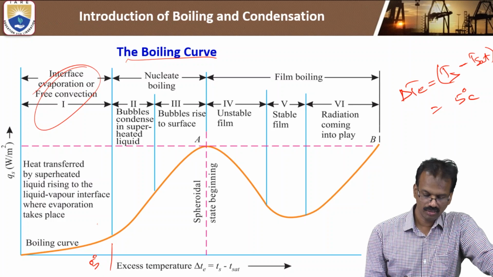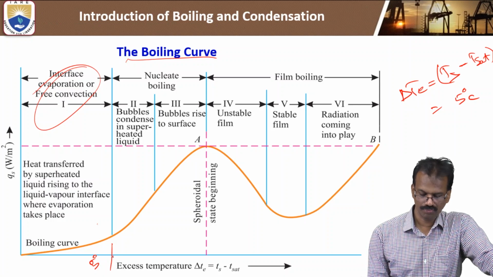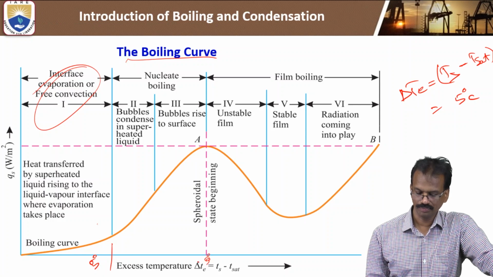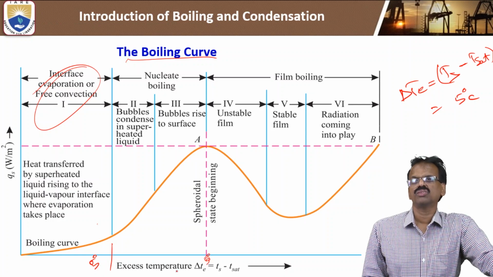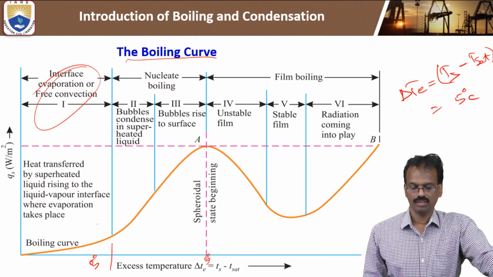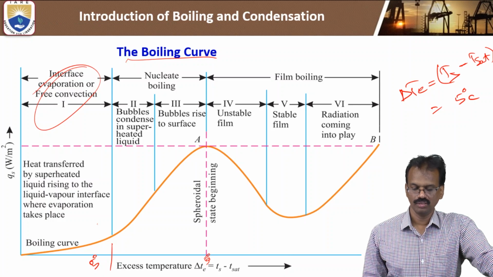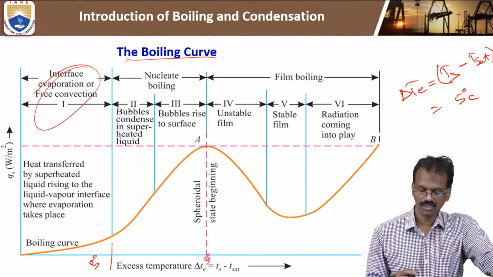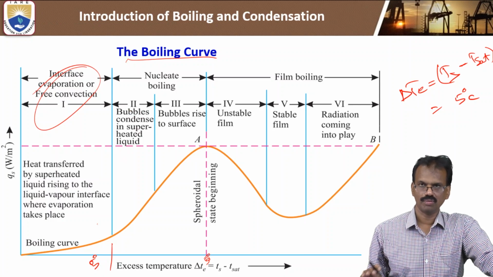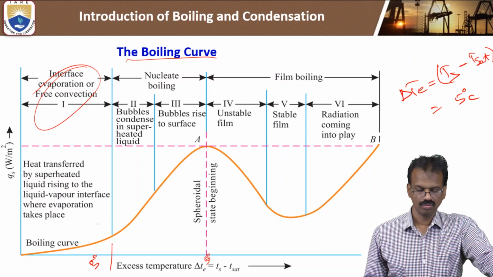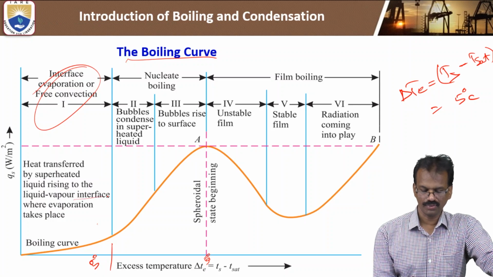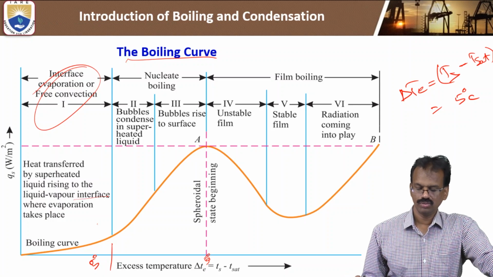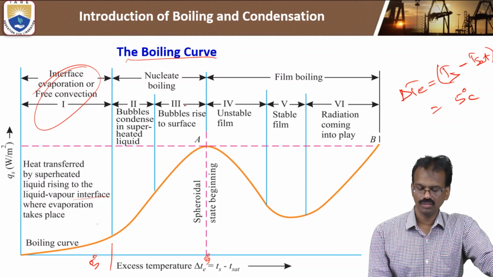Next, if the excess temperature is increased, say from 5 to nearly 50, we'll see bubble formation. Initially bubbles will form, but the bubbles will be condensed again before reaching the top surface, the liquid-vapor interface. In the next stage, bubbles rise to the surface.